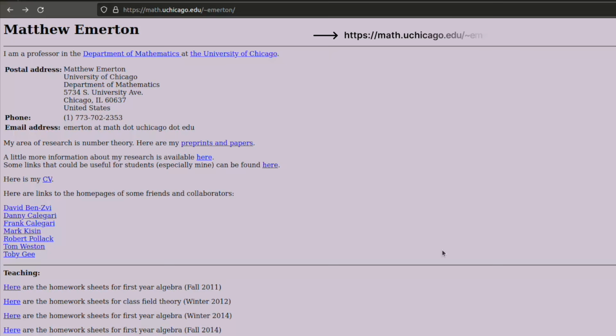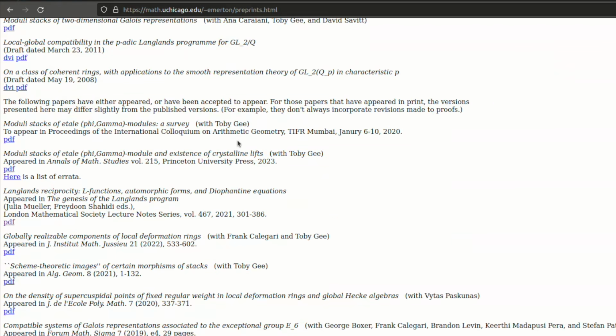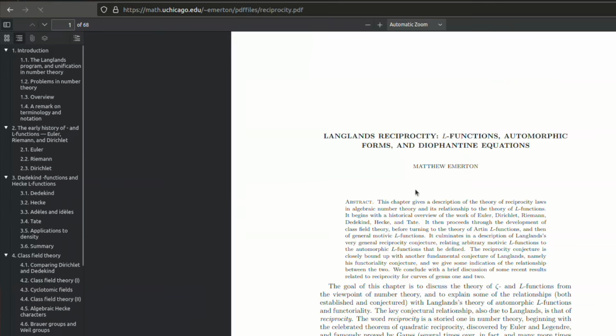If we go to his webpage at University of Chicago and click Papers and Preprints, there is an incredibly nice survey of Langlands reciprocity there, if you want a much more technical and rigorous introduction to the subject.